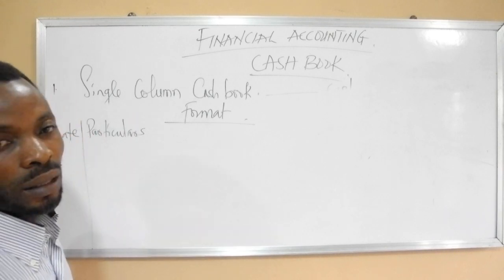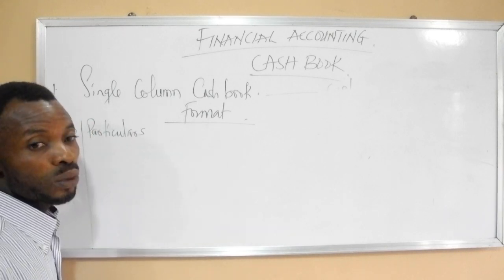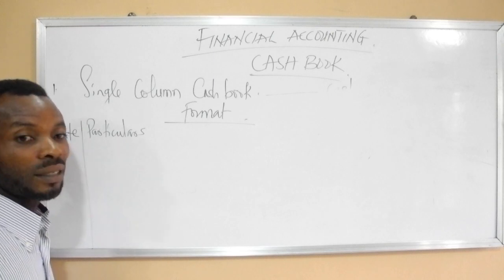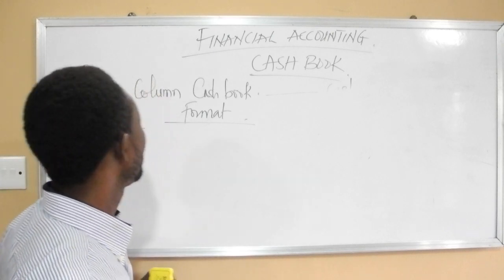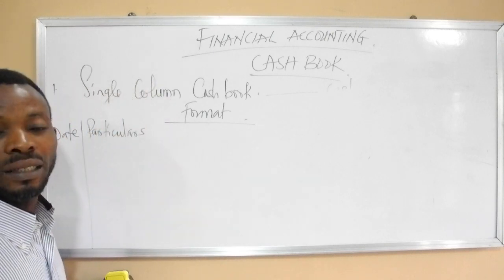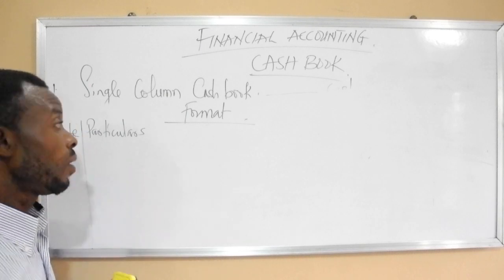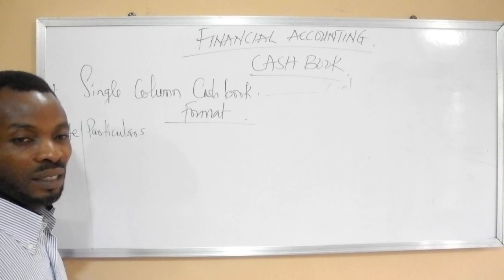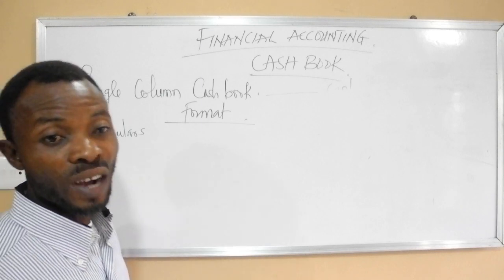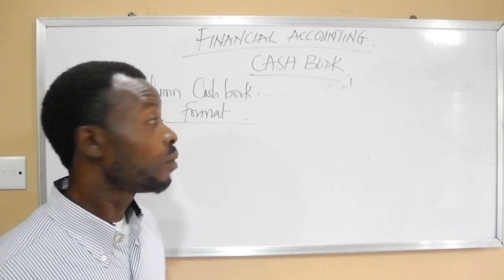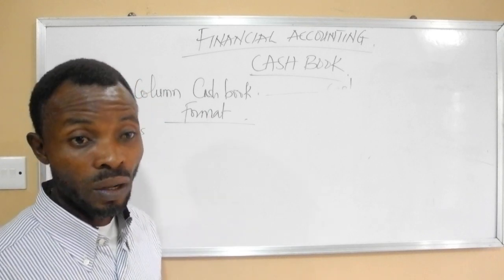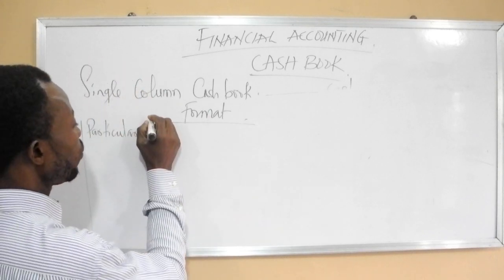In some other textbooks, you see this as detail. Either they say particular or detail. That has to do with the detail of that particular transaction. If Shola is buying 10 bags of rice, the detail of the transaction will be 10 bags of rice. Do you understand that? So that's the column for detail.